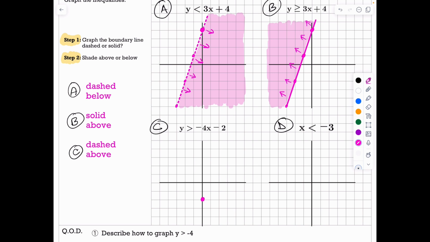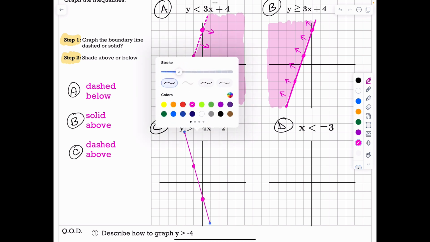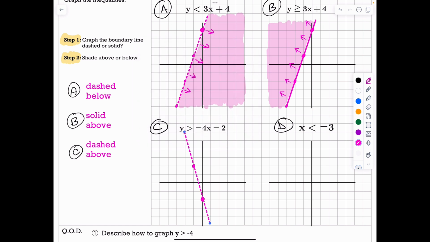And since I have a negative slope, I'm going to go to the left. I'll do that again and find another point. This will be a dashed line. And we said that we are shading above.